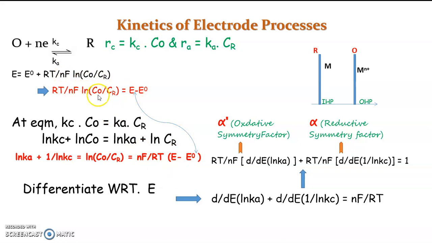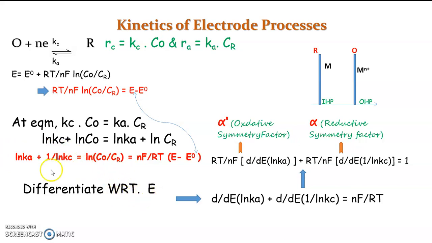Therefore, nF by RT into E minus E0 can be written as ln Ka plus ln Kc.